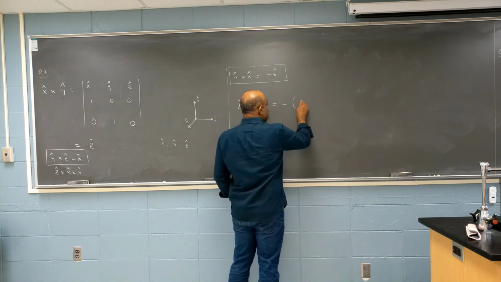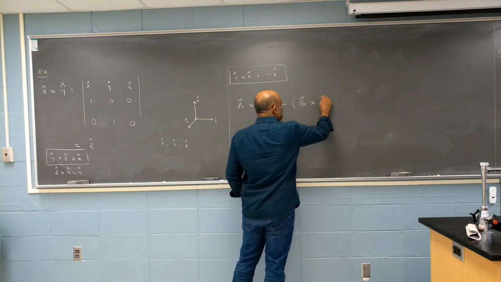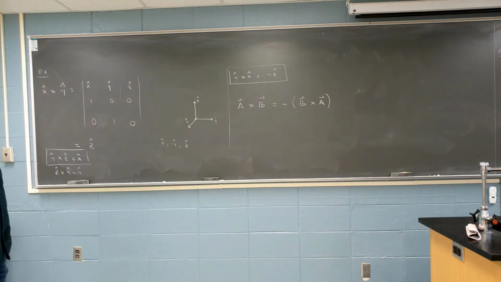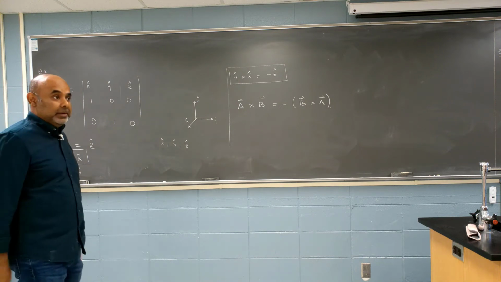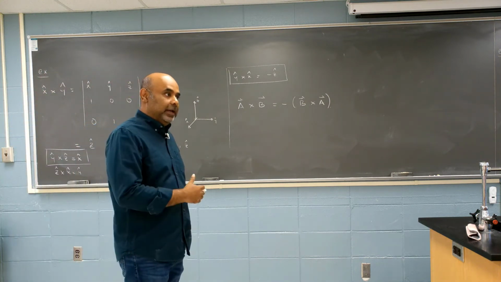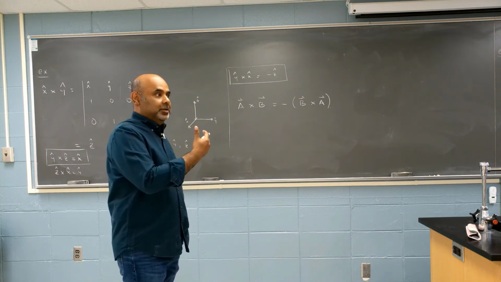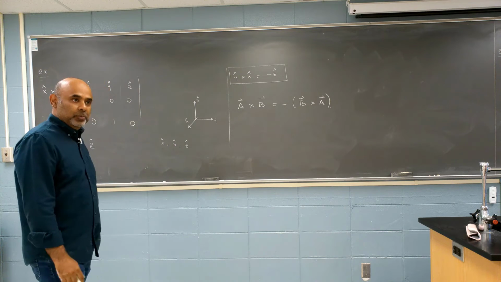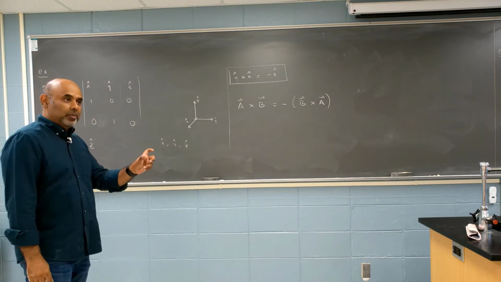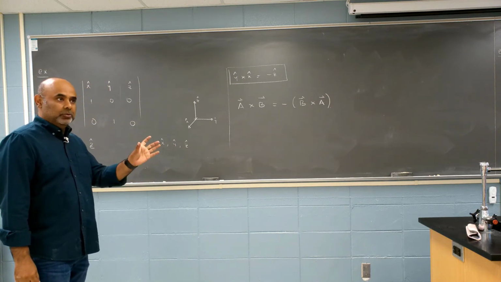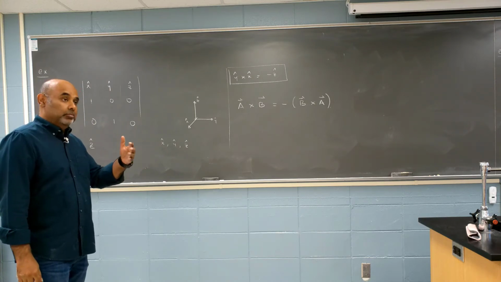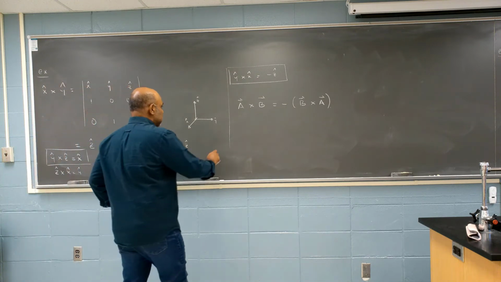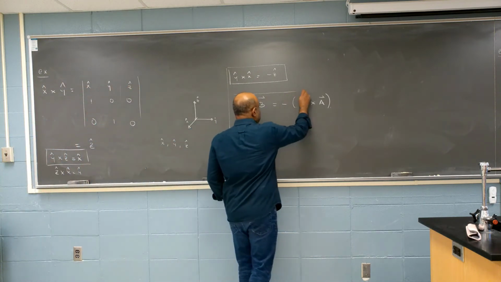In fact, they anti-commute. 3 times 2 is 2 times 3. But A cross B is minus B cross A. It's unusual. It's a new algebra where you take two of the objects, and then you apply the operation, you'll get a negative number. So this is an important feature.